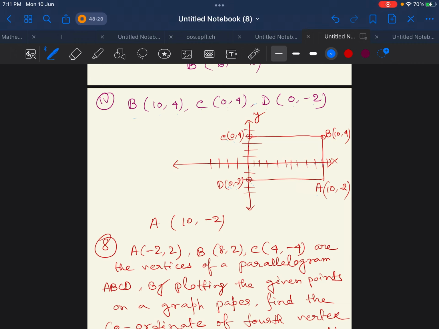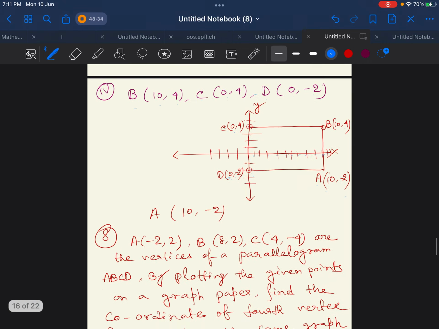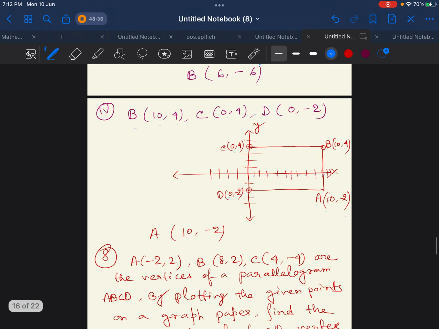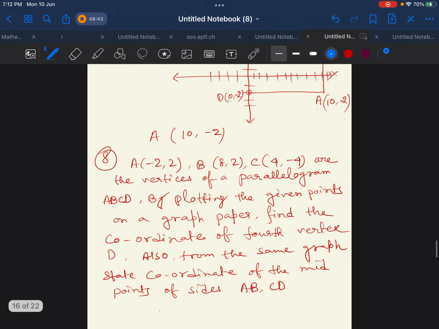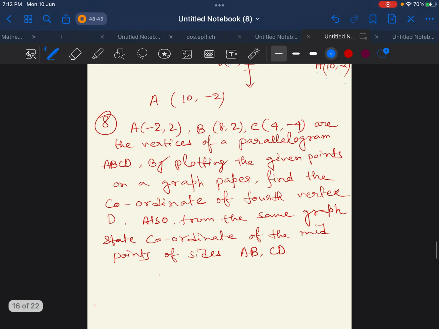Now we have to calculate the coordinates of the point A. So here the value of x is 10: 1, 2, 3, 4, 5, 6, 7, 8, 9, 10, and 1, 2, the value of y is -2. Okay, so the coordinates of the point A are (10, -2).